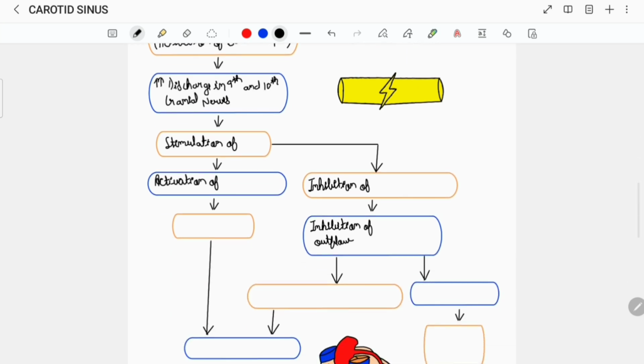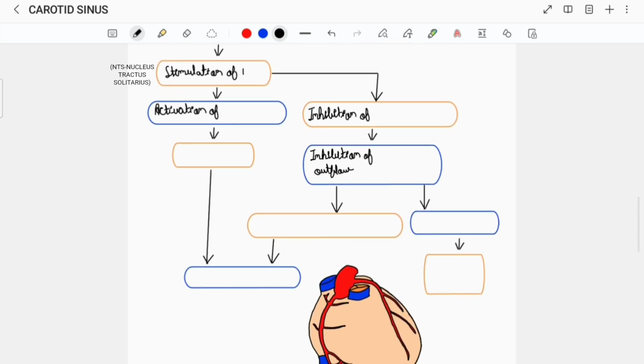This further causes stimulation of nucleus tractus solitarius. Stimulation of nucleus tractus solitarius causes activation of vagus nerve and inhibition of the vasomotor center.